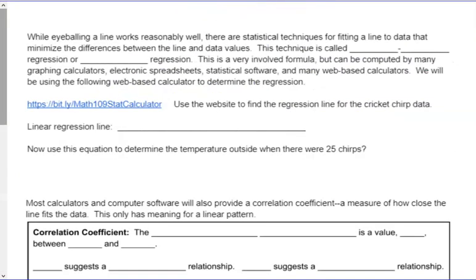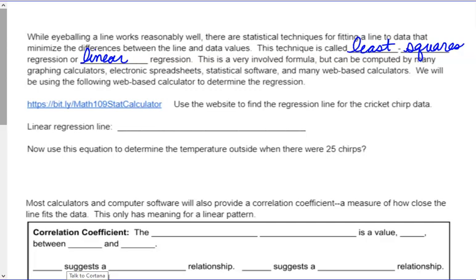But while eyeballing a line works reasonably well, there are statistical techniques that we can use to fit a line to some data that minimizes the differences between the line and the data values. This technique is called least squares regression, or most widely probably known as linear regression.